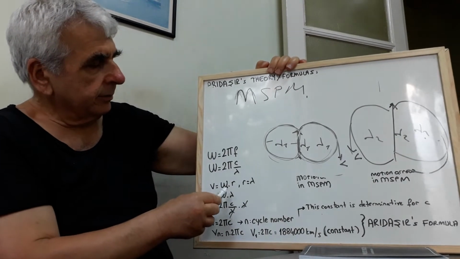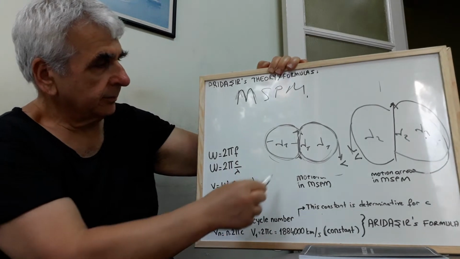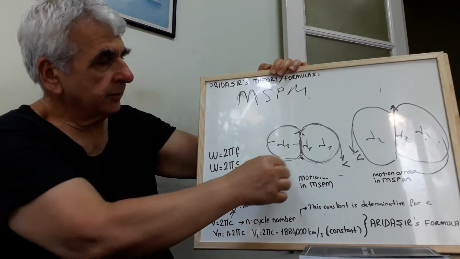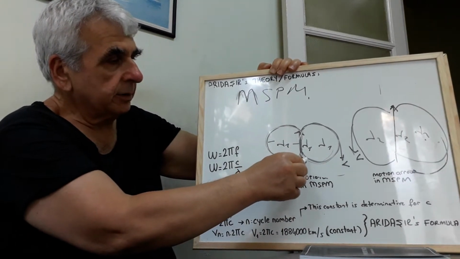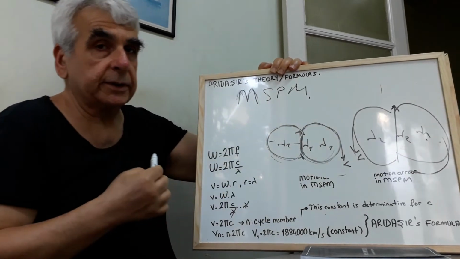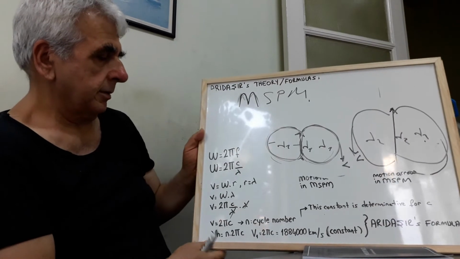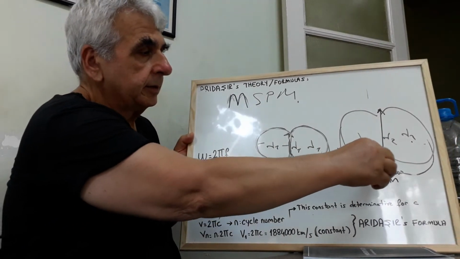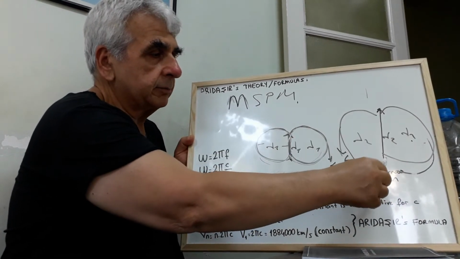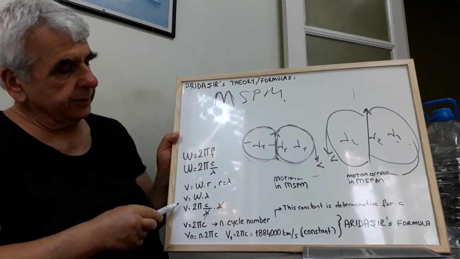Angular velocity for this one, if we compute, smaller wavelength electron motion forms angular velocity is greater than bigger wavelength electron motion forms angular velocity, according to this.